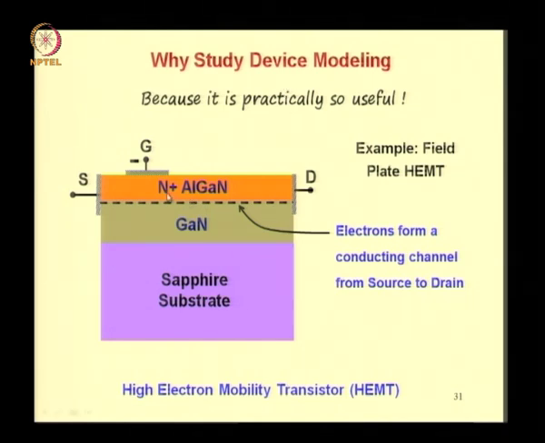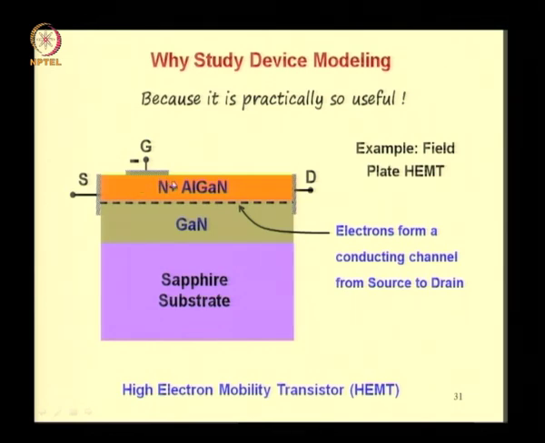It consists of a heavily doped n-type aluminum gallium nitride, a thin layer deposited over a gallium nitride substrate which is relatively thick, but since the thickness of this gallium nitride is still not several tens of micron, which is required from mechanical handling reasons, you deposit this gallium nitride on a thick sapphire substrate which can help you handle the whole device mechanically.